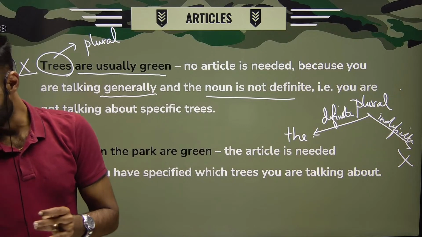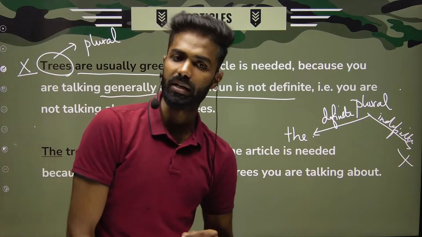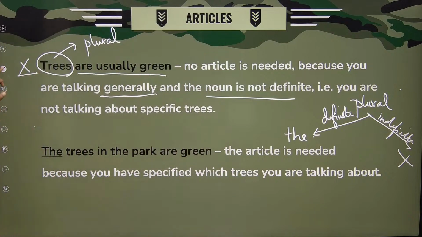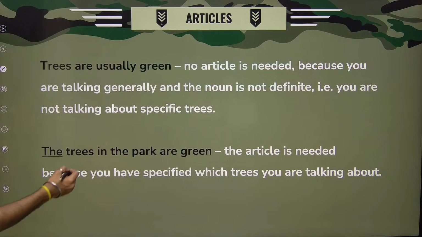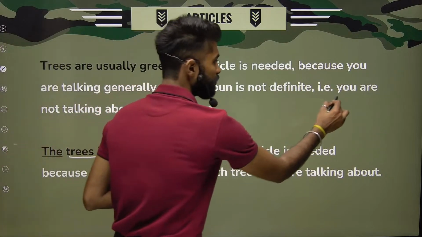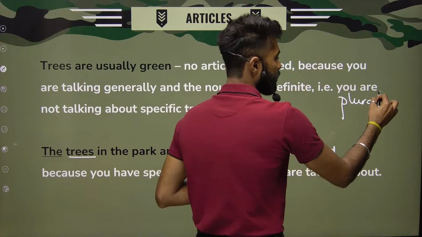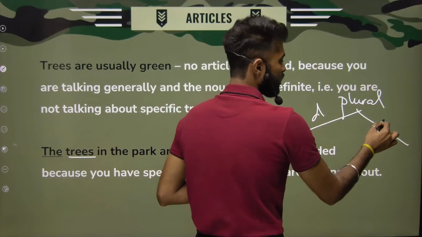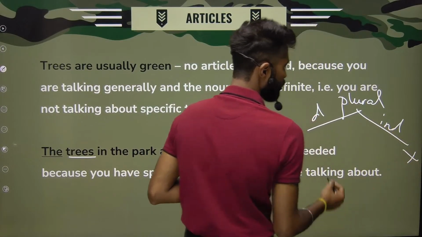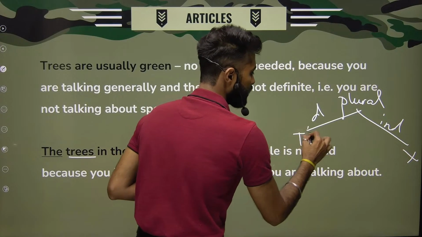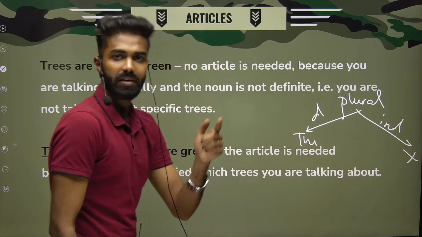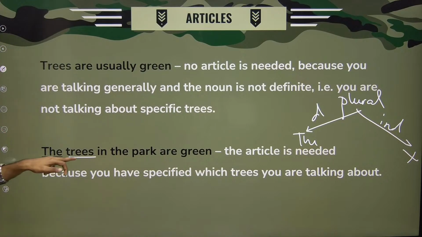All right. General, indefinite, definite. Correct, Jyoti. Correct answer. All right. Whereas look at the second one. Trees, again, plural, definite or indefinite. Indefinite, no article. Definite means the. You have to memorize the table for yourself. All right.